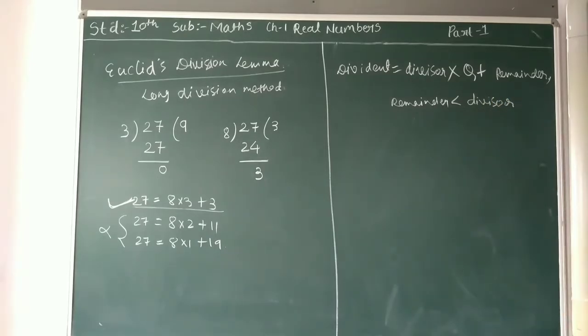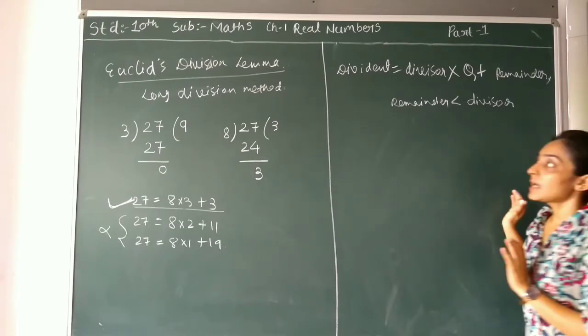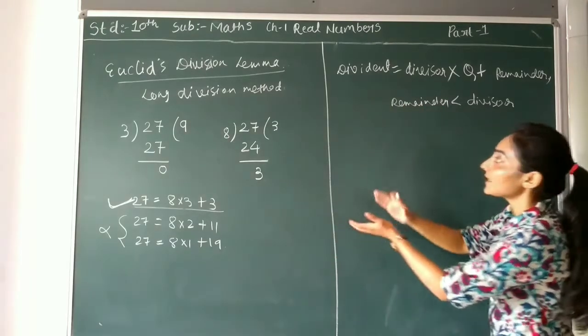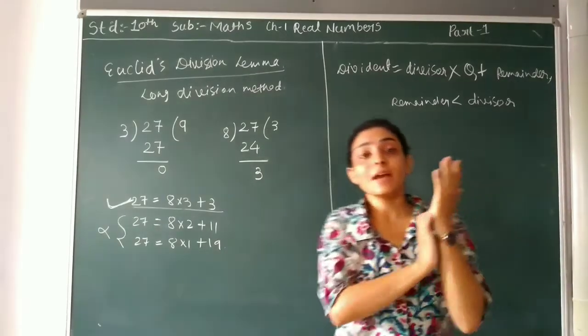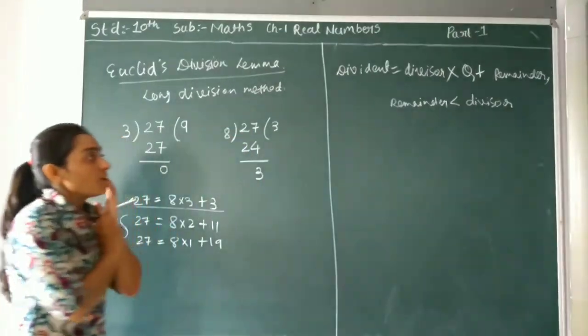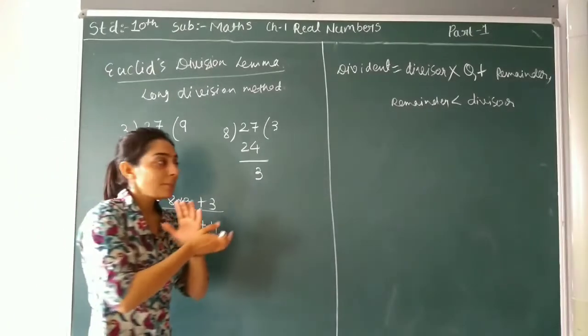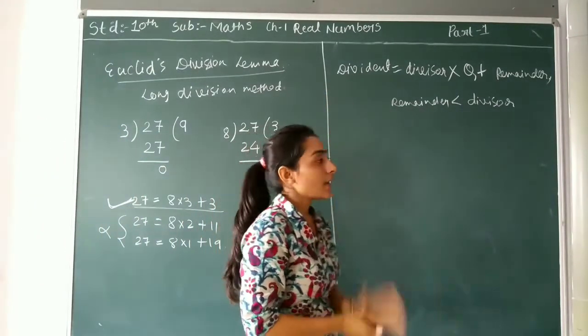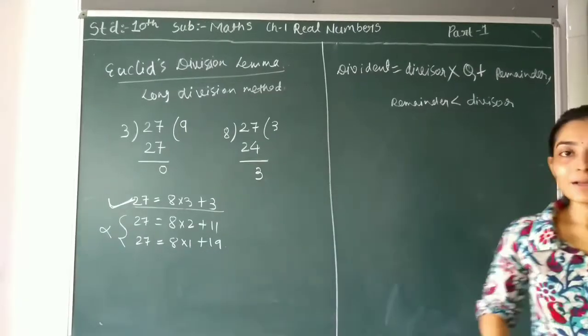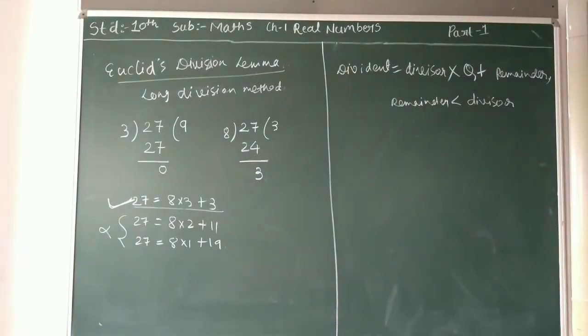Now let's summarize all these things. What we have learned is that when we divide any two integers, there is only one way to write them, that is this correct one. The second thing we have observed is that the remainder is always less than the divisor.